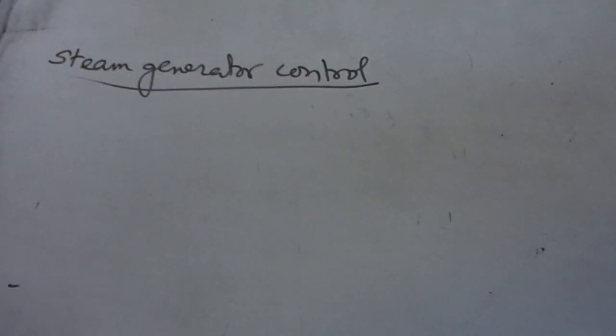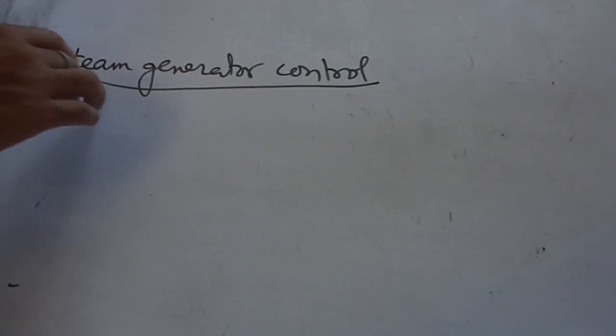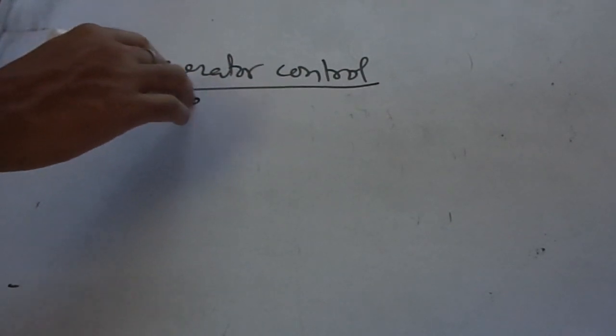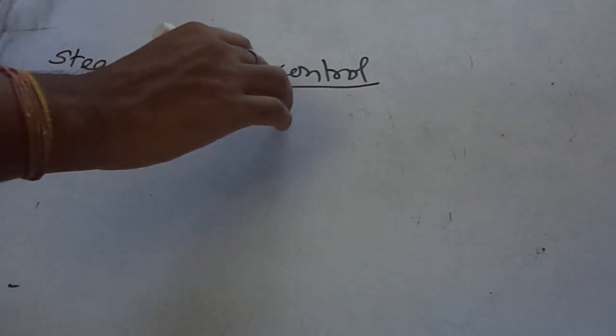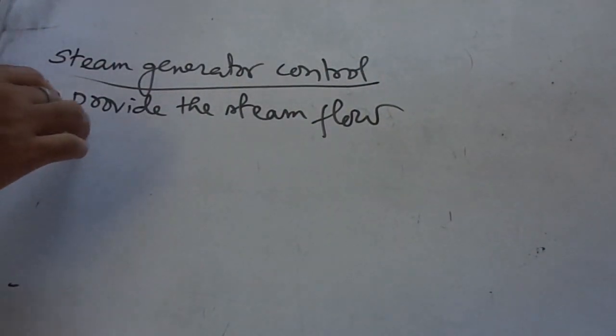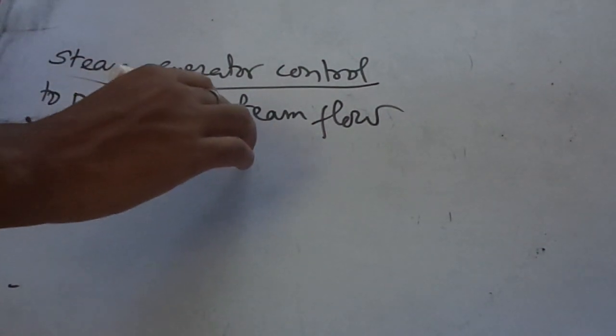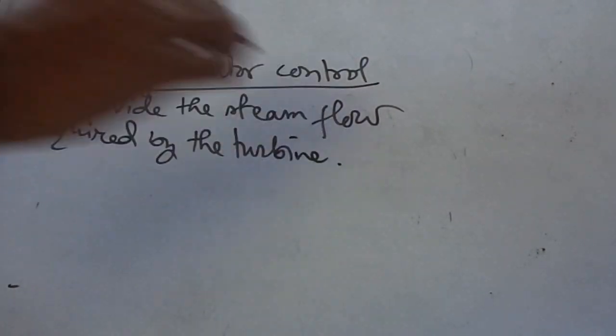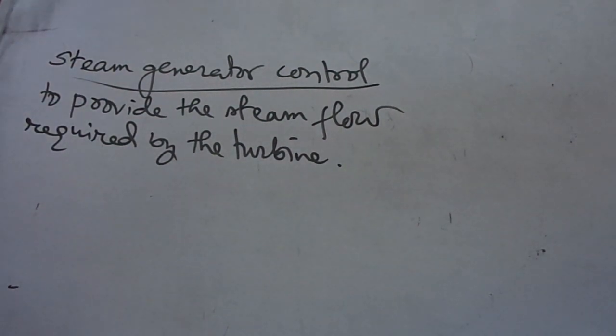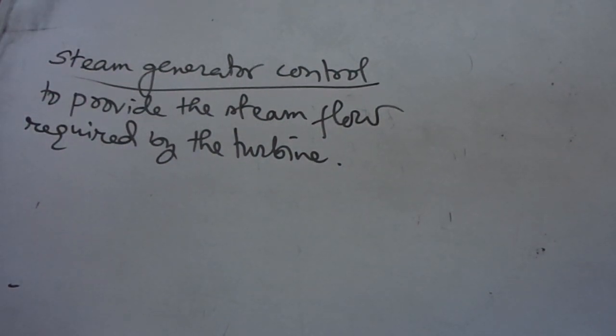The object of the steam generator control is to provide the steam flow required by the turbine at design pressure and temperature.